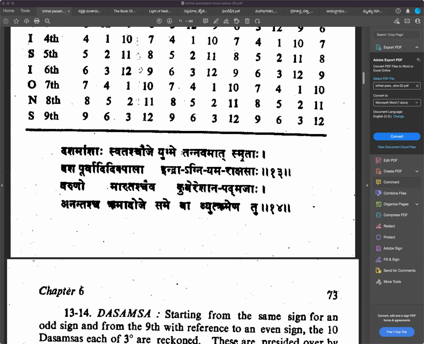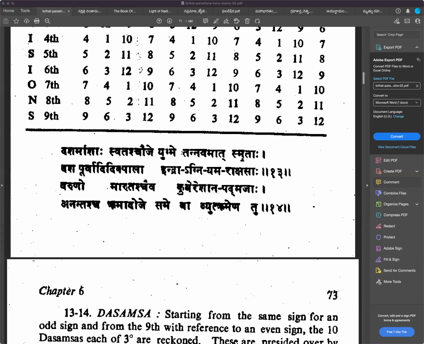So you are telling generally, sir, that through D1 we check in the ninth house whether the person is dharmic or not. But for more minute diagnosis, we have to see the ninth house of D9. Yeah, generally D1.